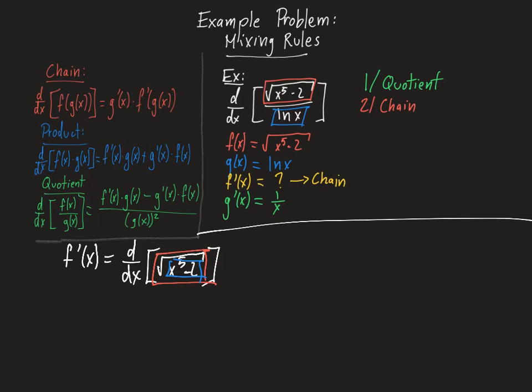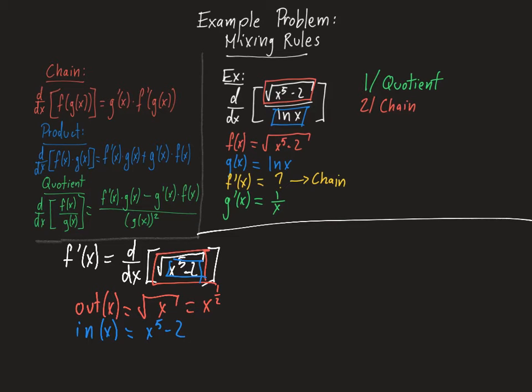In this example, you can see that the outside function, which again I will call out of x, is equal to the square root of x. In other words, x to the 1/2. The outside function, the thing that's happening in the outermost layer, is we're taking a square root. Now the inside function is equal to x to the 5th minus 2.